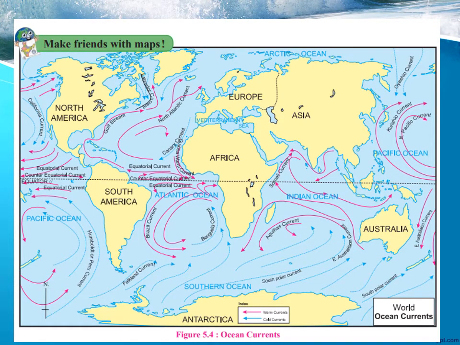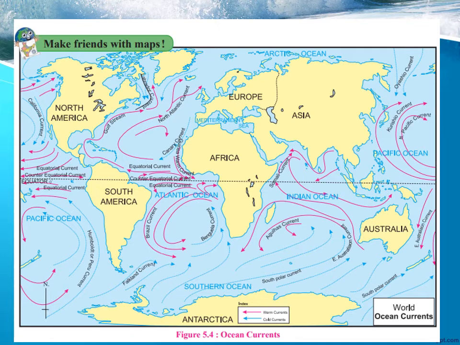Study the map as shown in figure 5.4 and answer the following questions. What are the major types of ocean currents? The major types of ocean currents are horizontal surface ocean current and deep ocean currents.